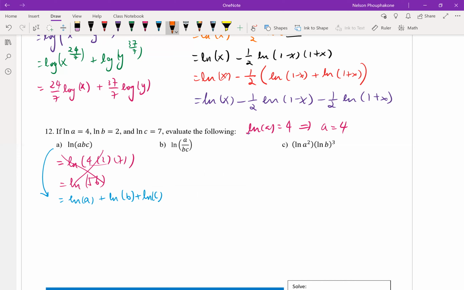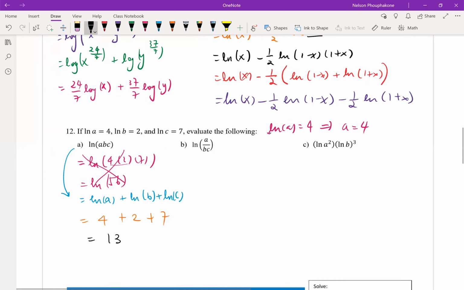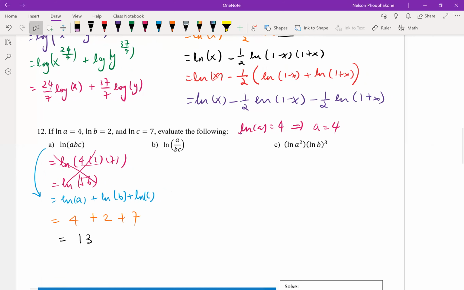Then, now we know that natural log of A is 4, natural log of B is 2, natural log of C is 7. Then your answer is equal to 13. This is a great way to do this type of problem. Okay. So now go ahead and try B and C now.